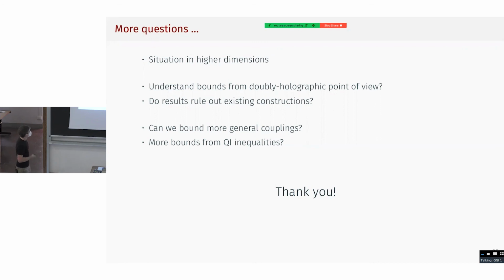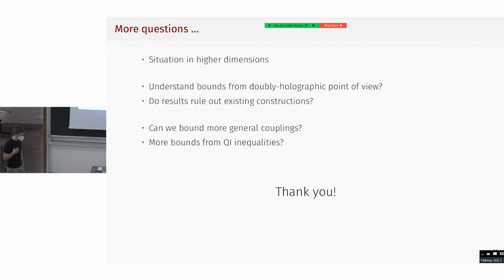Then, as I also already mentioned, there are some constructions which actually use negative DGP couplings and additional defects and so on. It would be interesting to try to rule out those constructions, or maybe not, maybe say they're actually nice and balanced. Then, of course, can we generalize this?